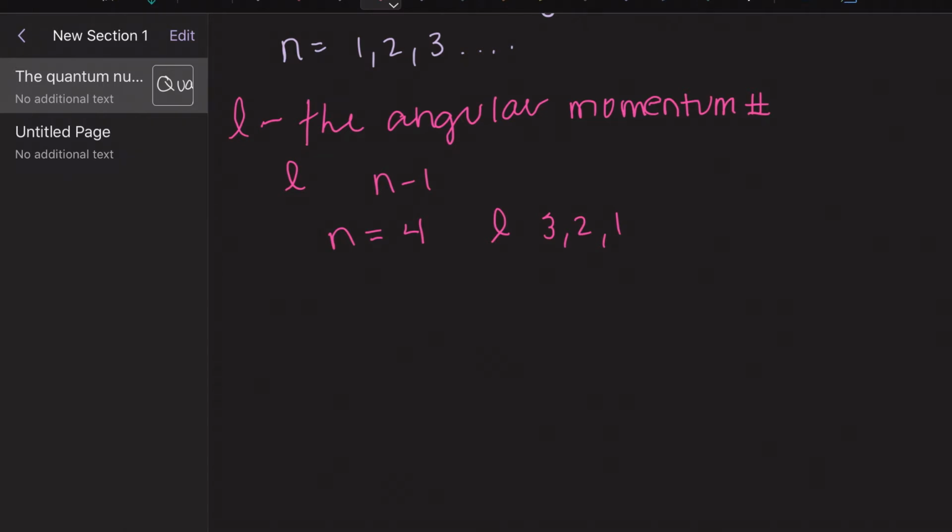Now, you may think, how are we going to keep these from getting confused with each other? And of course, chemists have the answer. For L, we often use letters instead of numbers.